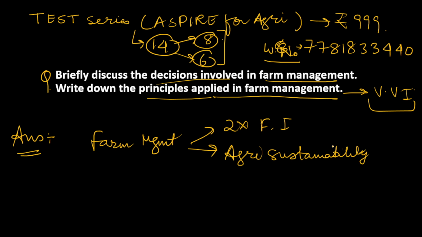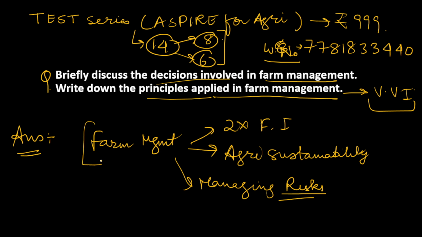It can help in managing risks which the farmer has to bear while cultivating any crop. So all these things can be very helpful for farmers if they do proper farm management. So I hope you understand this, and you can write these things to introduce, or even simply define farm management to introduce. Now let's move to the body of the question.